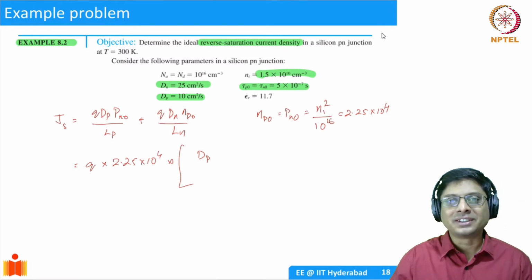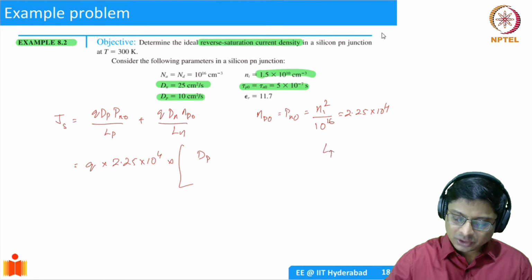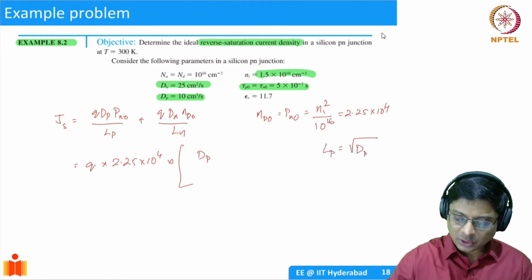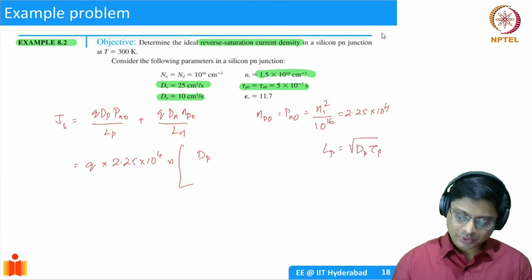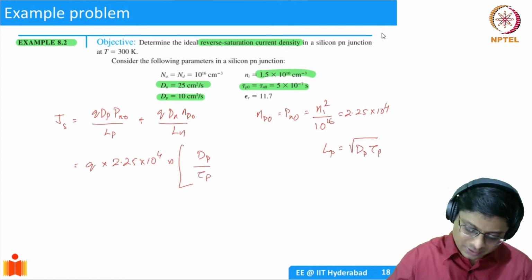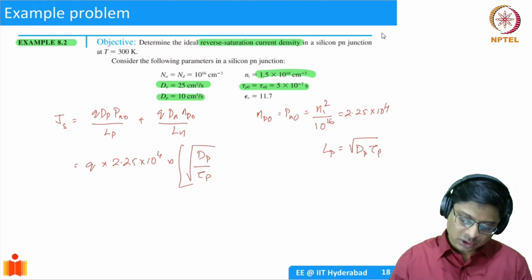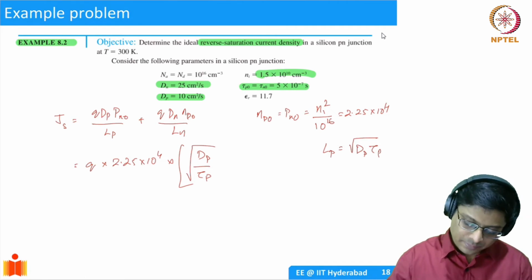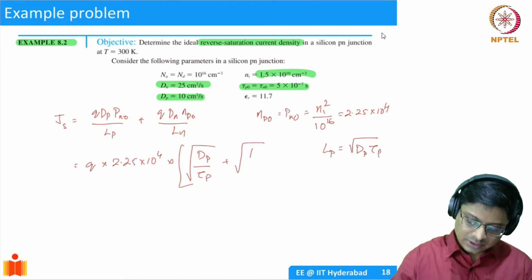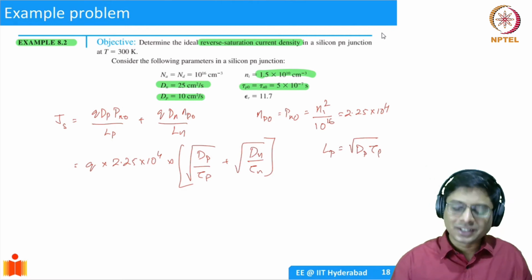Well, Lp is not given, the diffusion length is not given. But remember, Lp is going to be the root of Dp tau p. So in principle I can write it here itself: Dp by Lp is going to be the square root of Dp by tau p, plus the square root of Dn by tau n. So you can calculate it.